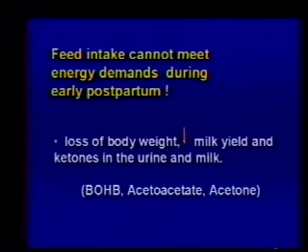The reagent is nitroprusside, and when it interacts with acetoacetate, it causes a buff pink or purple discoloration, and this is called the Rothera test. So keep in mind that the Rothera test determines acetoacetate in the urine, and if it's present, it will change to a deep purple discoloration.